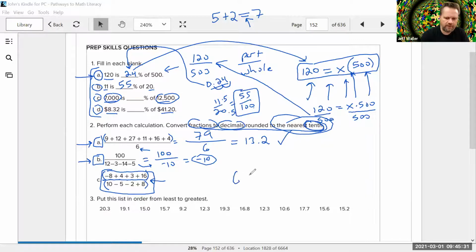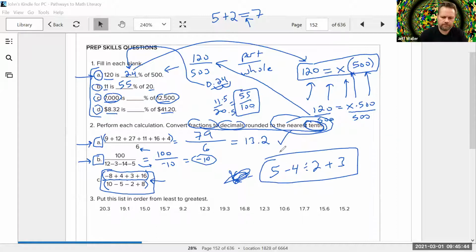But if I see a problem like 5 minus 4 divided by 2 plus 3, do I do division last? What does order of operations say? Parentheses, please excuse my dear Aunt Sally. So what comes first? You would divide first. Of course you would.